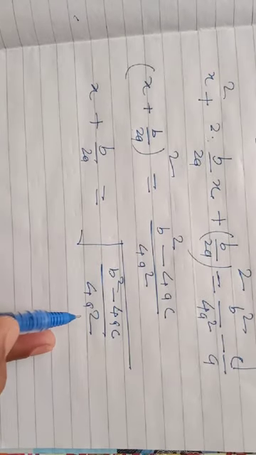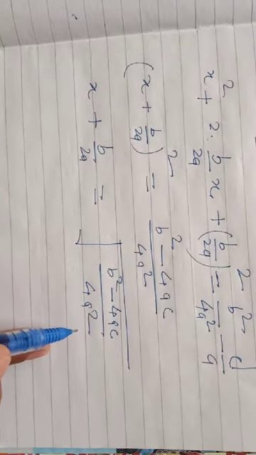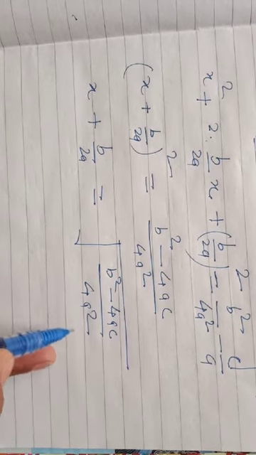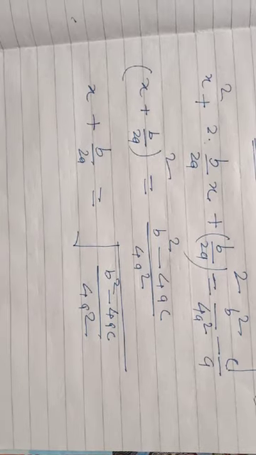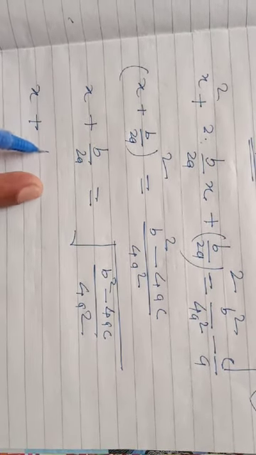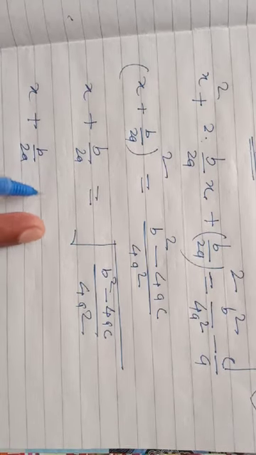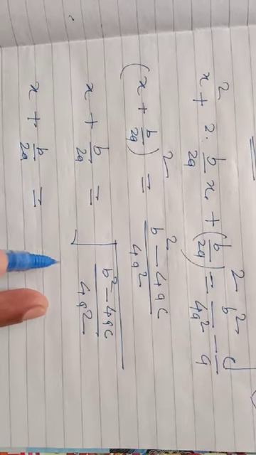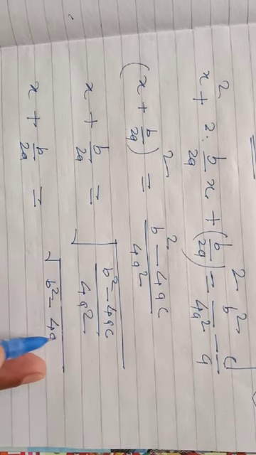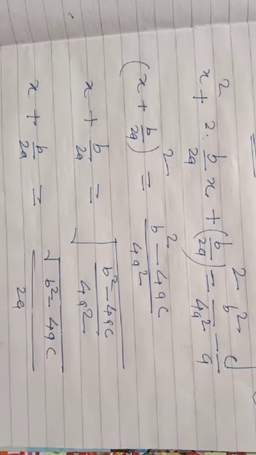We can see 4a square is a complete square value, so we should take it out of the square root. So x plus b upon 2a is equal to square root of b square minus 4ac upon 2a.